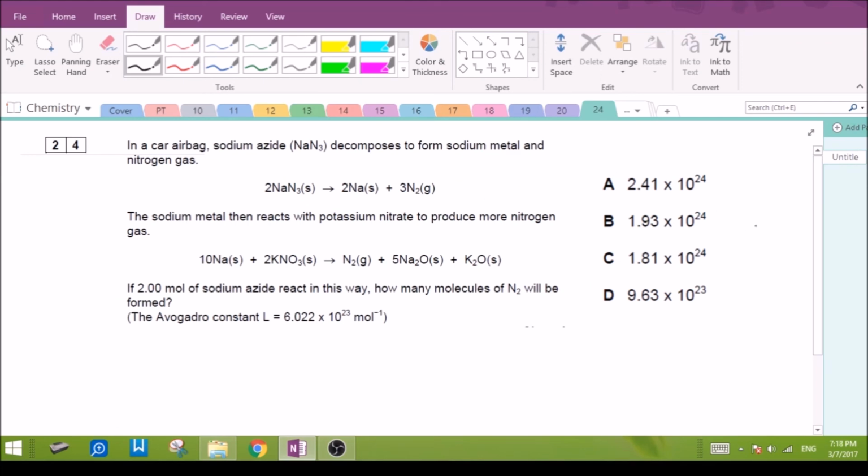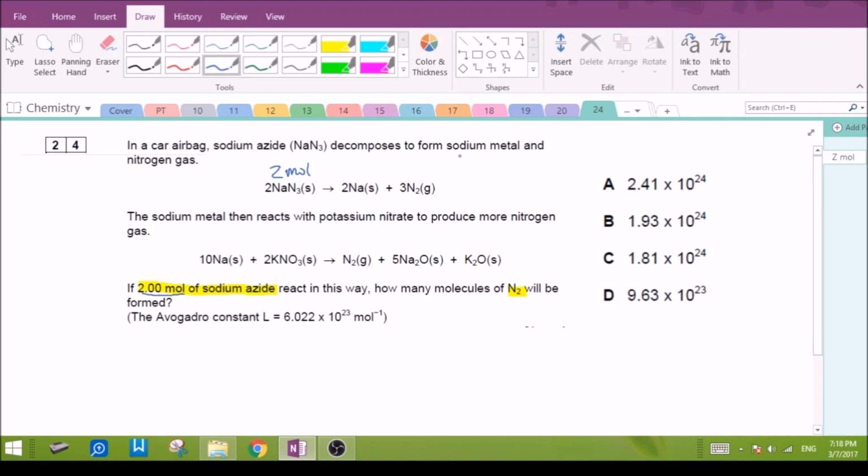Question 24. We have two equations, and we are told that we started off with 2 moles of sodium azide, and then we have to find out the amount of nitrogen molecules that will be formed. So starting off, we have 2 moles of sodium azide from here.